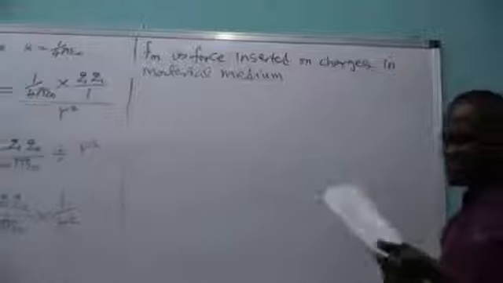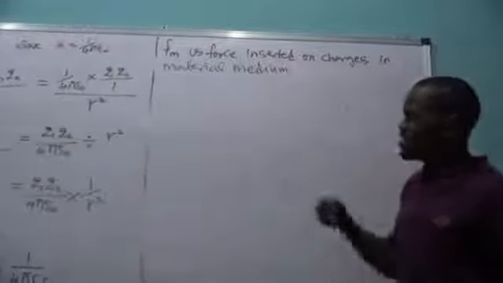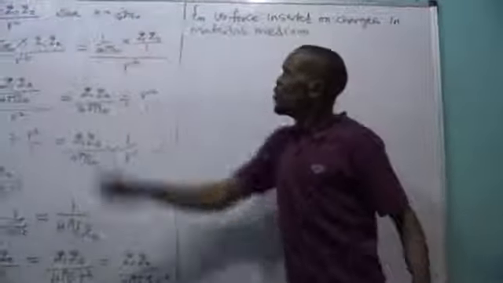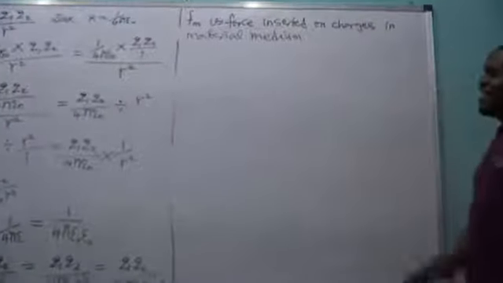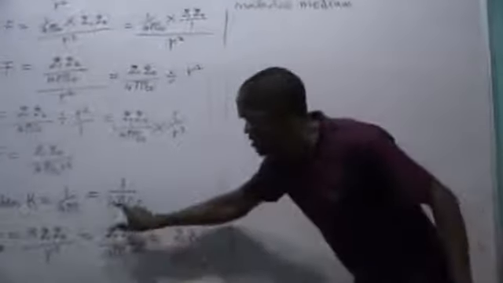Then we are seeing that when this experiment is done in free air, we make use of what? This. When it's done in another medium other than free air, we make use of what? This. Or this. You are seeing it.